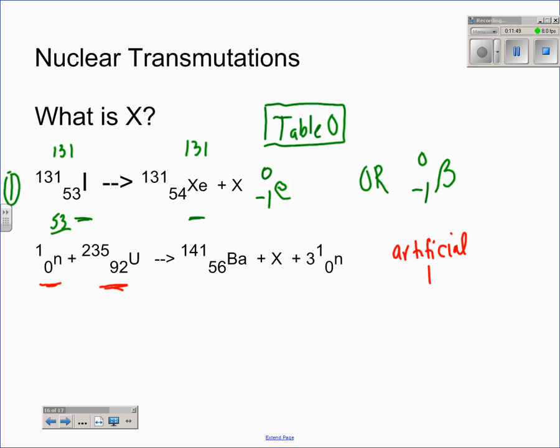And you should be able to recognize that this is a very special type of artificial transmutation. When you have either uranium or plutonium being bombarded by a neutron and splitting into 2 or more smaller elements, you should realize that this special type of artificial transmutation is called nuclear fission.